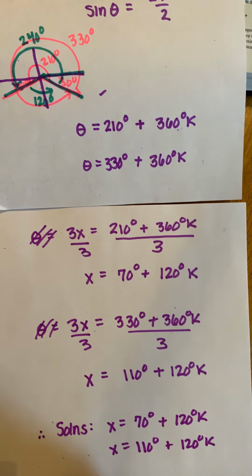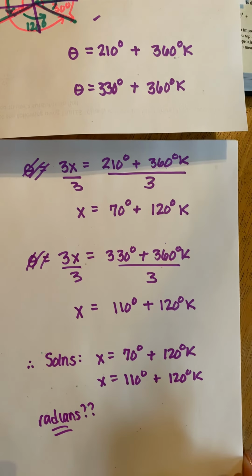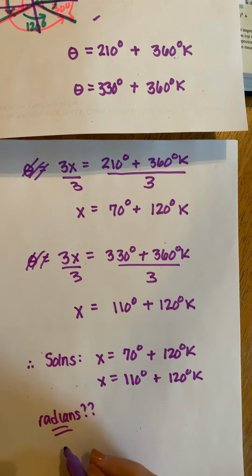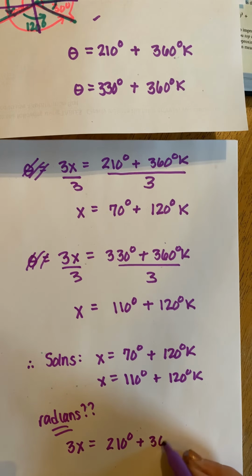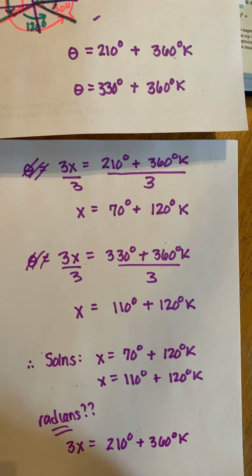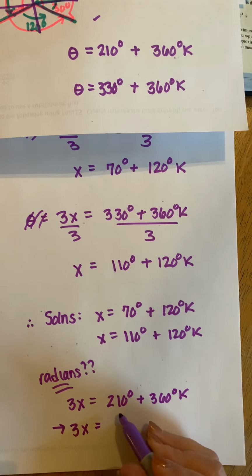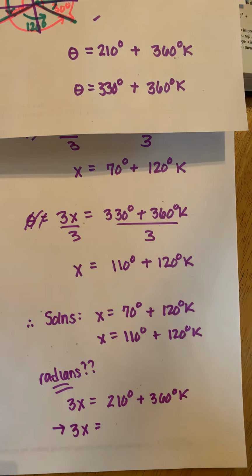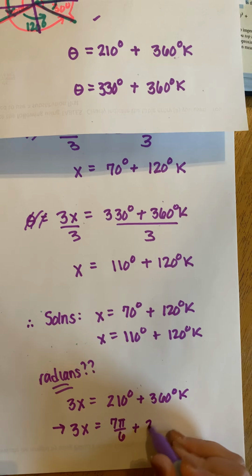All right, what about radians? This looks horrible to put into radians because we don't know nice radian measures off the top of our head for 70 degrees and 110. So what I suggest is you go back up here and you work from this. Before you divide the 3 out, let's write 3x in terms of radians. 210 degrees is the same thing as 7 pi over 6, because it's 7 times 30, plus 2 pi k.